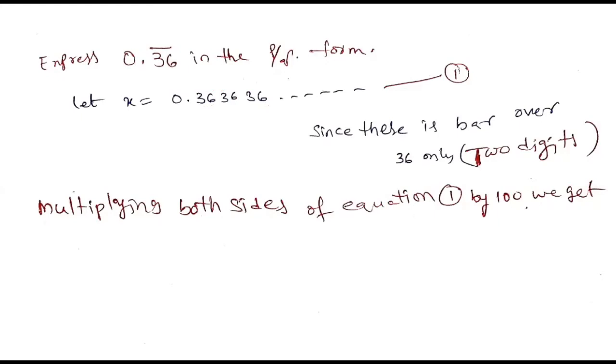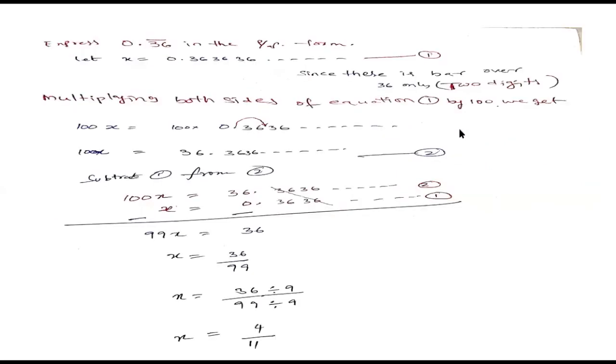Look here. So, Supradeep, both sides multiplied by 100 means 100 into x. Shall I say? 100 into x, so 100 into this.